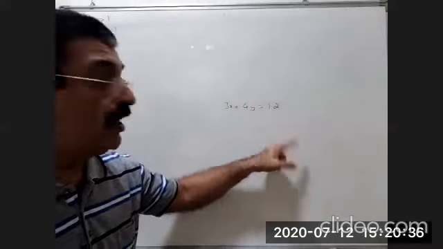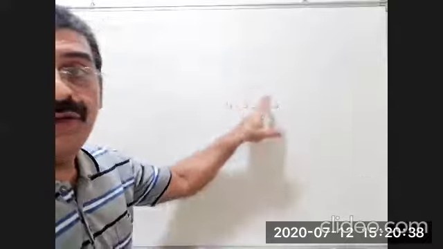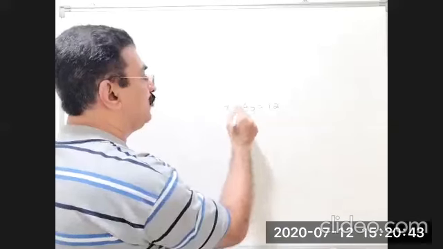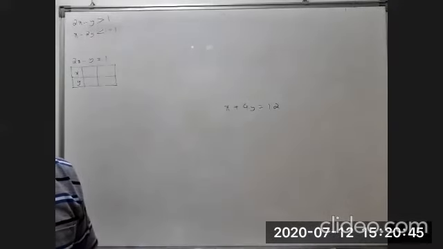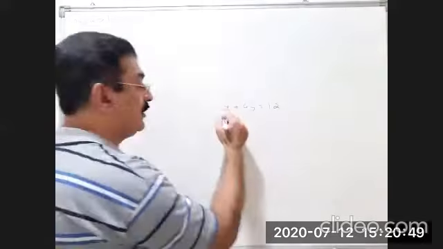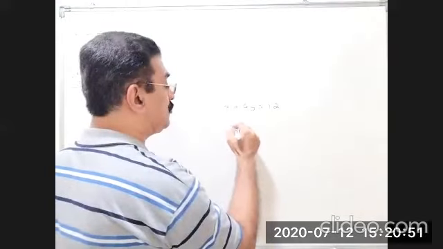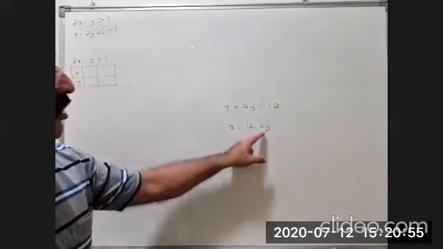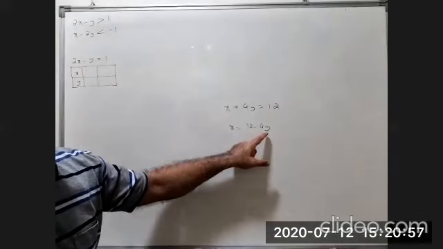So the best way is put x equals 0, y equals 0. Whereas, if you are getting x plus 4y is 12, since the coefficient of x is 1, here the best way is x is equal to 12 minus 4y. Give values for y: 0, 1, 2, 3, etc.